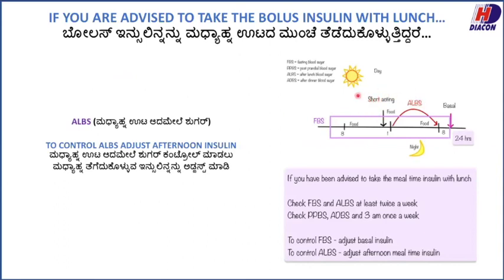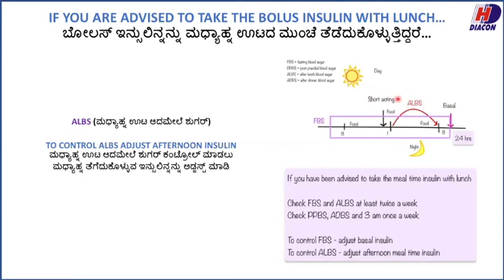In this case, you would check your fasting blood sugar and after lunch blood sugar at least twice a week, but also check your post-breakfast, post-dinner, early morning, once in a week or once in 10 days. You adjust your basal insulin to control the fasting blood sugar and adjust the short-acting insulin taken with lunch to control the after-lunch blood sugar.